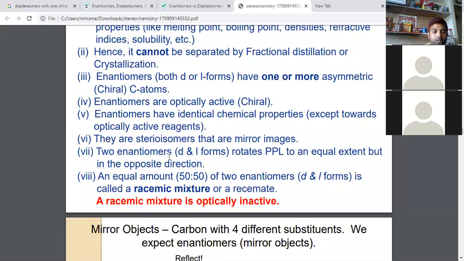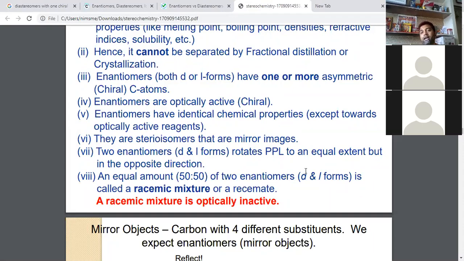Two enantiomers rotate plane polarized light to an equal extent. So these two enantiomers, whether D and L form, dextrorotatory or levorotatory, rotate the plane polarized light to an equal extent, but in the opposite direction.